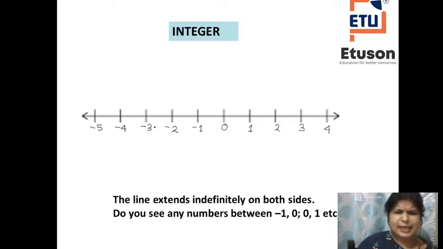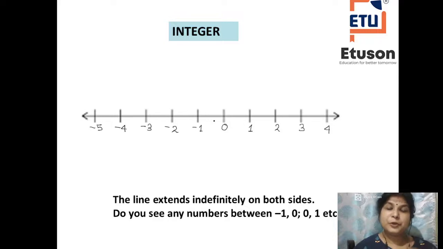Do you see any number between -1 and 0? Can you see any number on this number line while representing the integers? No, you cannot, because integers don't include fractions. That is the reason why while representing integers, you won't have any number in between 0 and 1, or 1 and 2, or -1 and -2.